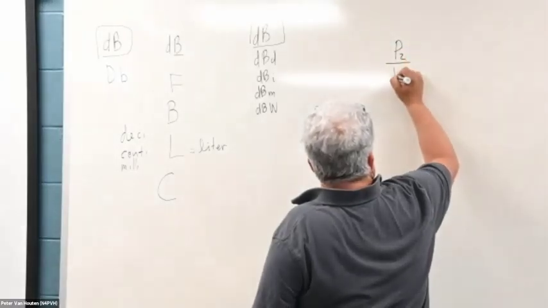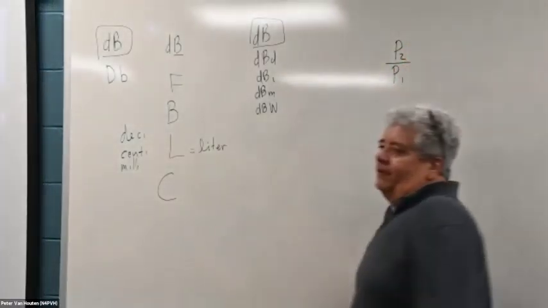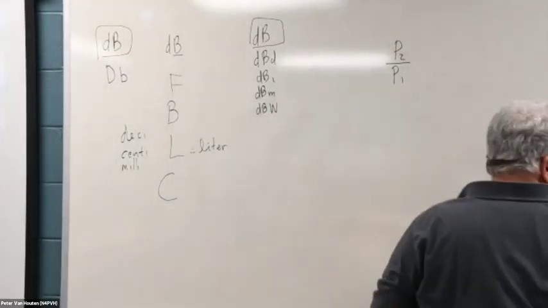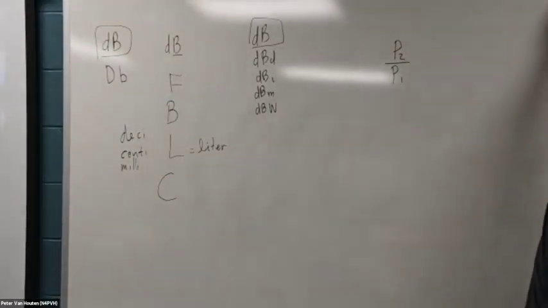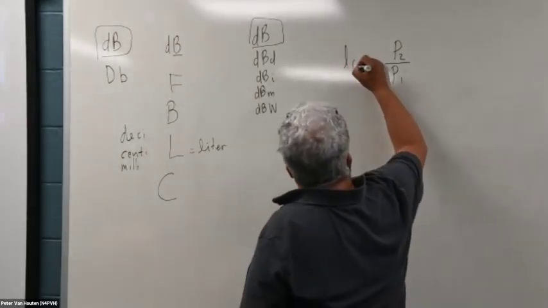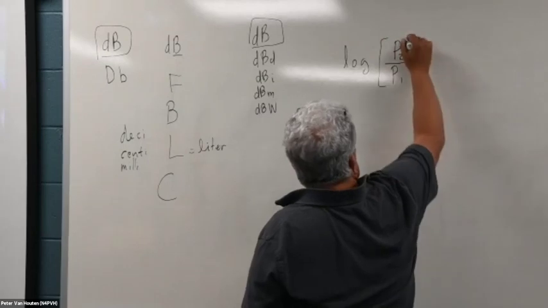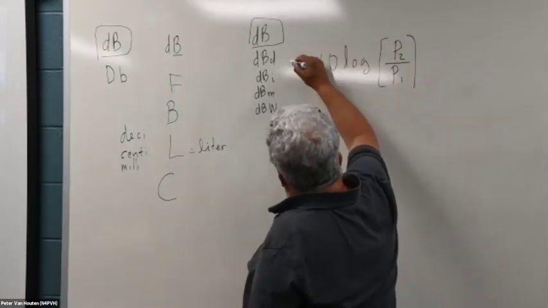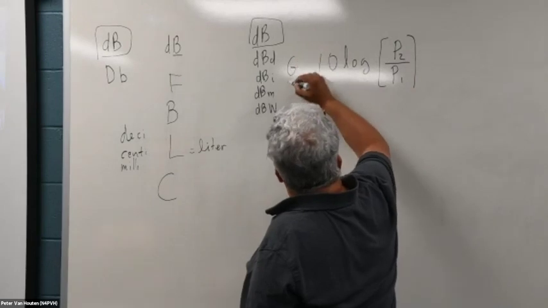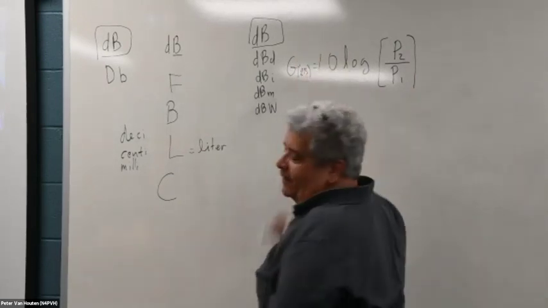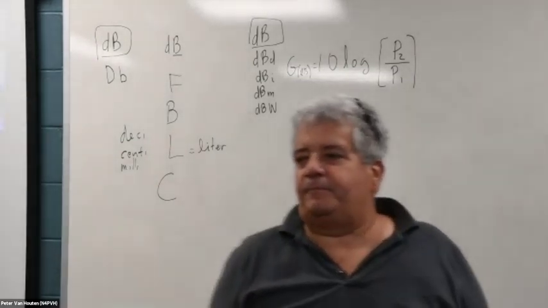Basically, if I have power 1 and power 2, I apply the logarithm to this ratio and multiply by 10, and I get the gain in dB, in decibels.